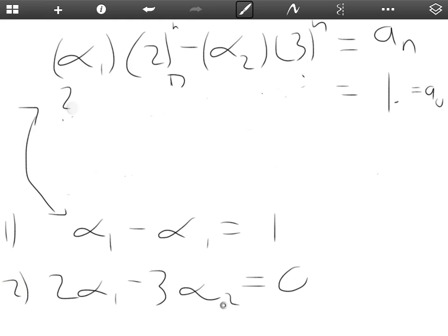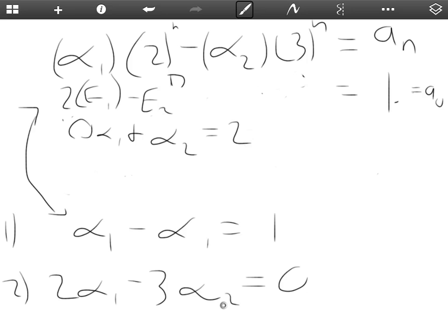2 times E1 minus E2. I'm going to do 2E1 minus E2 rather than E2 minus 2E1. And that's going to give me 0 sigma 1 plus sigma 2 is equal to 2.